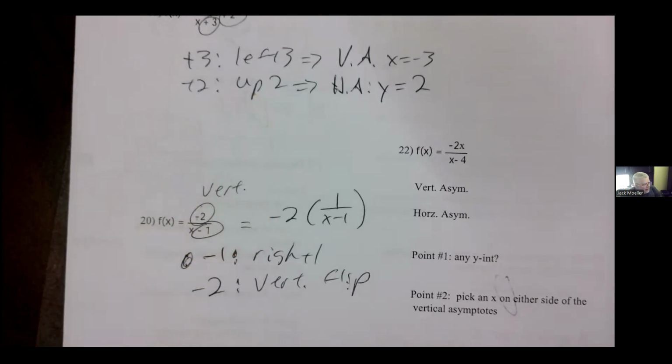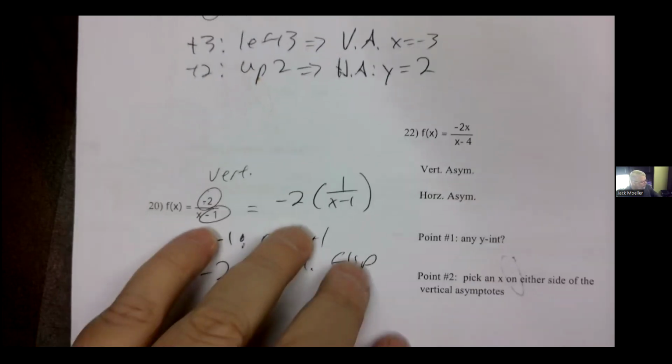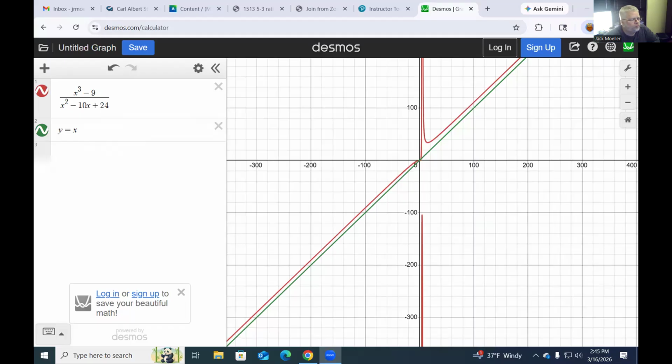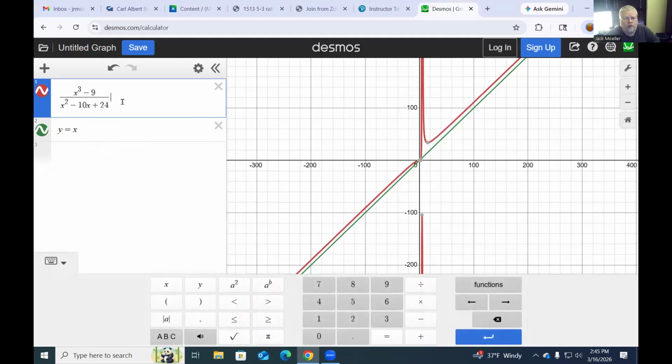Okay. And if you're not for sure, like if I have confusion now, since that negative 2 is with the fraction, what's your backup? Your graphing. Okay, so let's clear this.